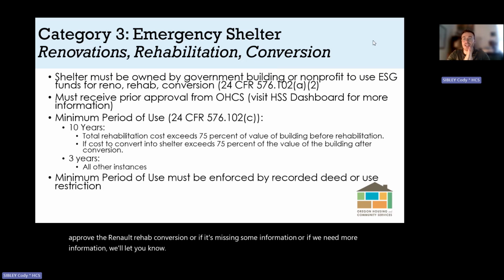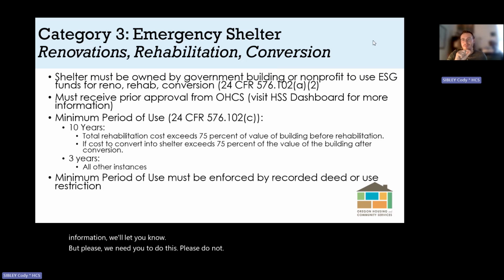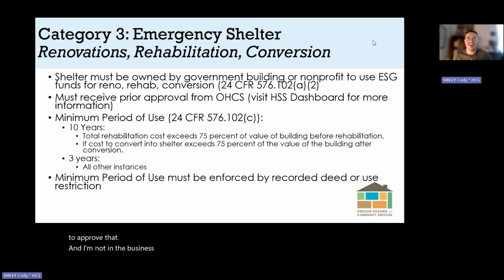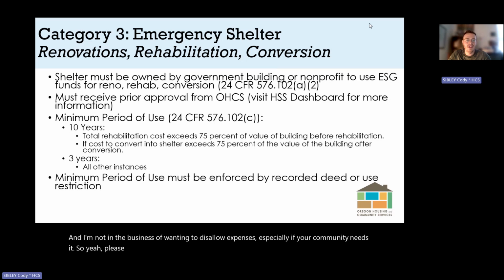But please, we need you to do this. Please do not try to do the rental rehab conversion and then ask for reimbursement at a later point. We would not be able to approve that. And I'm not in the business of wanting to disallow expenses, especially if your community needs it. So yeah, please follow the workflow.